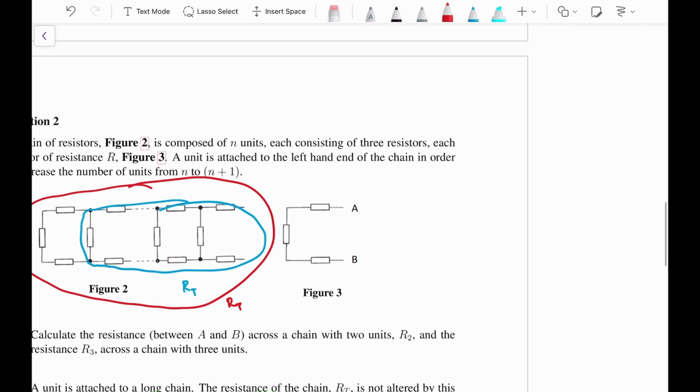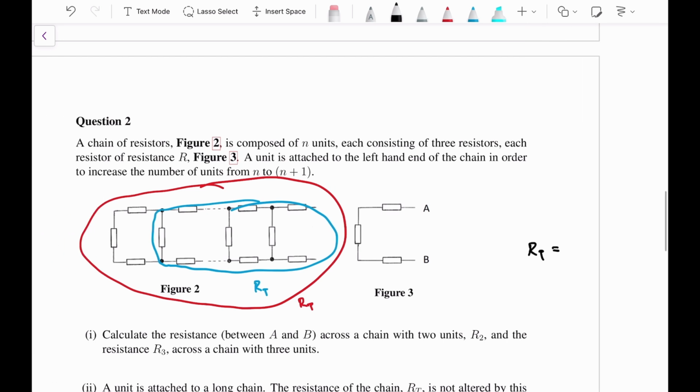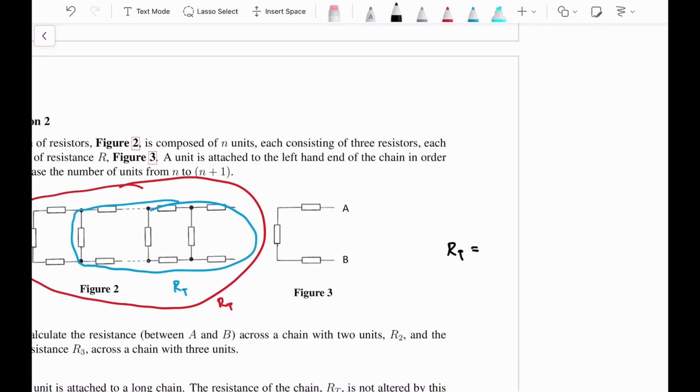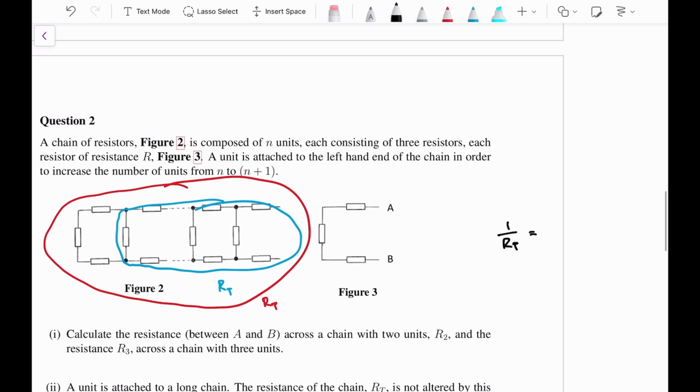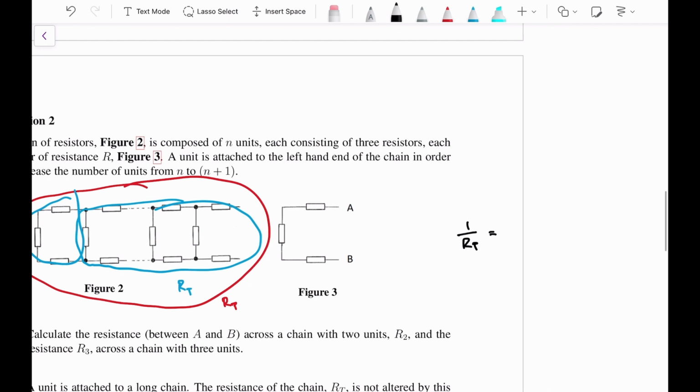So over here we will say 1 over RT will be equal to, because essentially in this case it's two circuits in parallel, 1 over RT plus 1 over 3R.